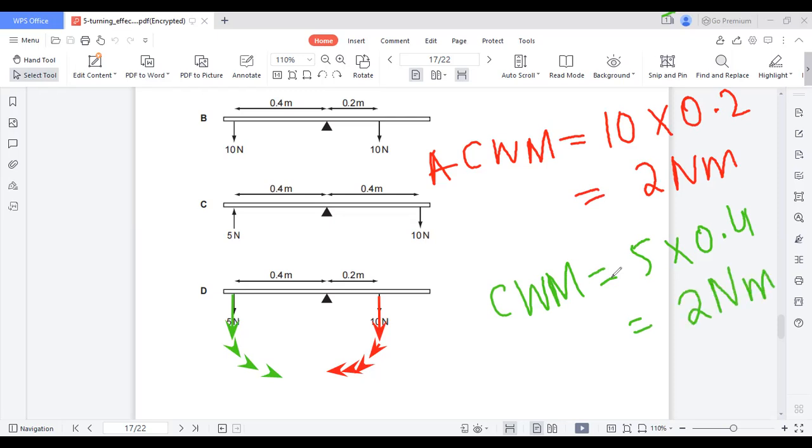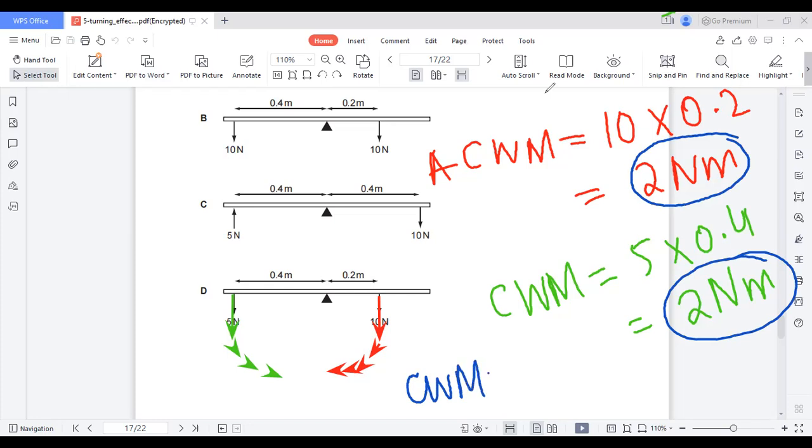You can see the clockwise and anti-clockwise movements are equal, 2 Newton meters each. When the clockwise and anti-clockwise movements are equal, it is a balanced situation. So D is the correct option.